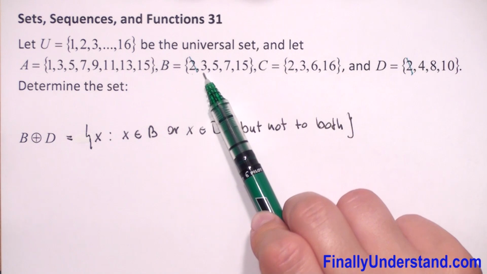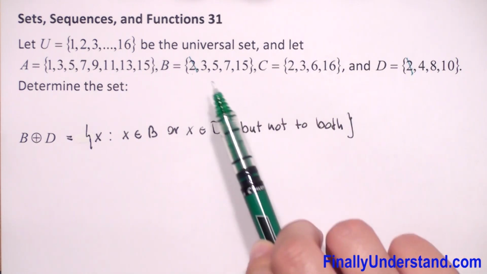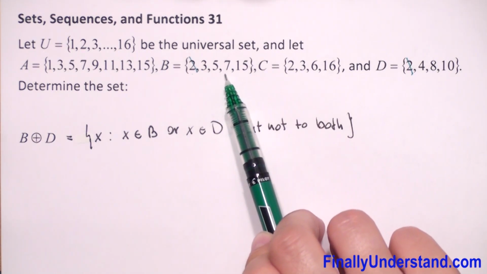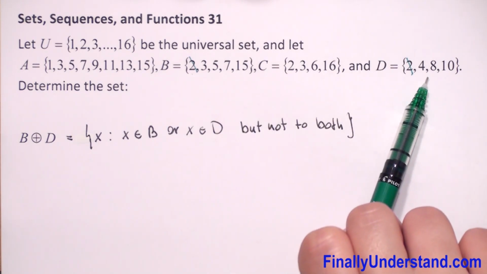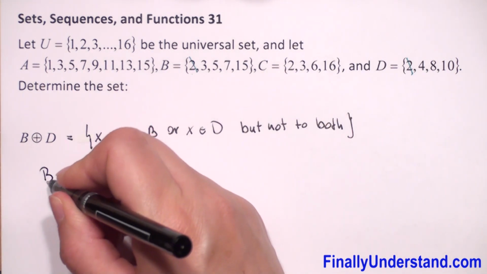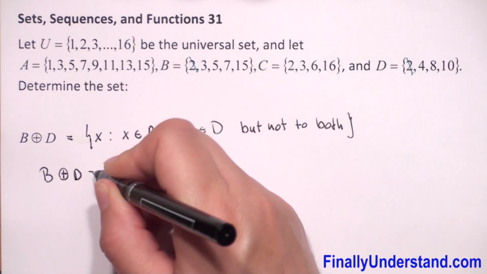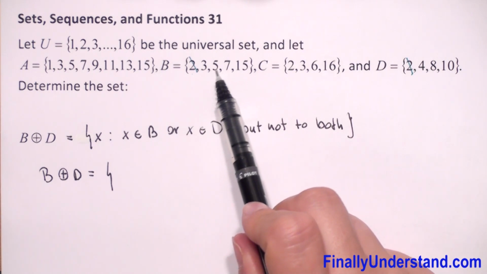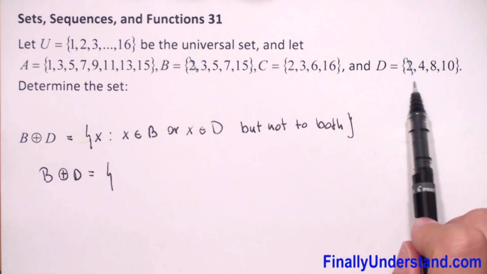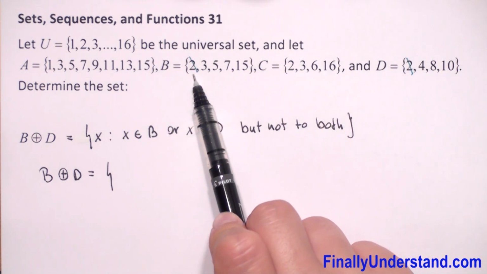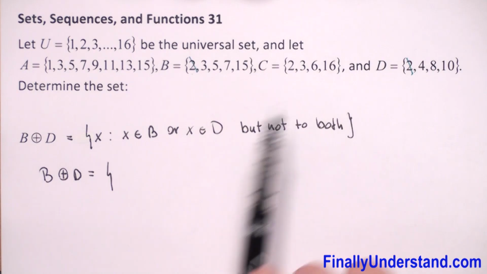Next we have 3 and we don't have 3 in set D, so 3 can be. 5 and we don't have 5, so it's okay. Next we have 7 and we don't have 7, and 15 and we don't have 15 in set D. The symmetric difference of sets B and D is: we have to copy all elements from set B and all elements from set D, and we cannot put elements which repeat, 2 repeats, so we cannot put 2.